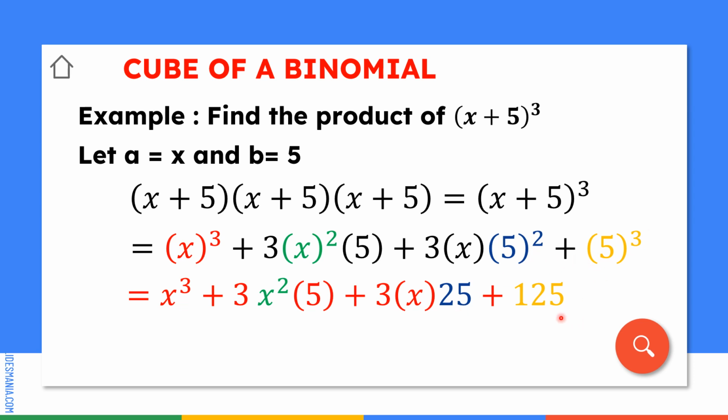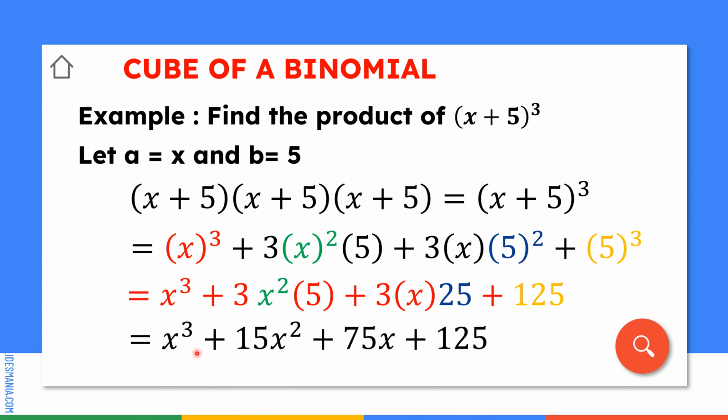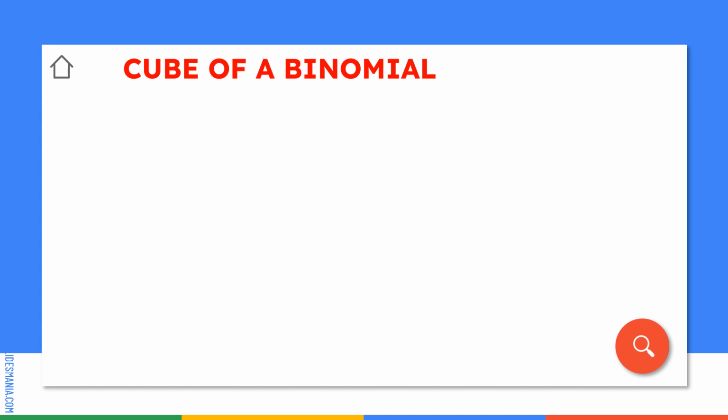And then perform the operations in each term. Therefore, the final answer is x cubed plus 15x squared plus 75x plus 125. Always take note of the formula so that you won't be puzzled, or to make the solution easier. Let's try it.